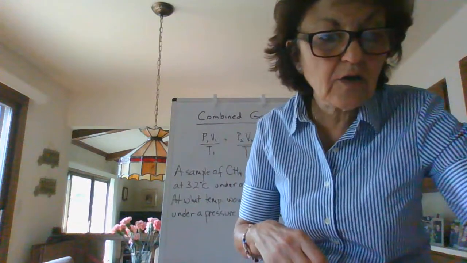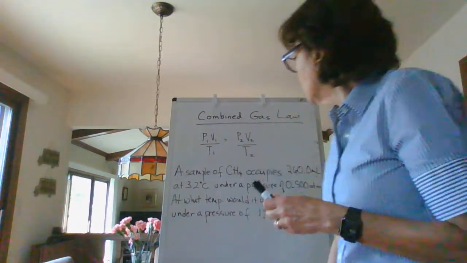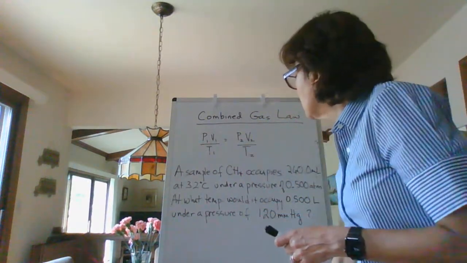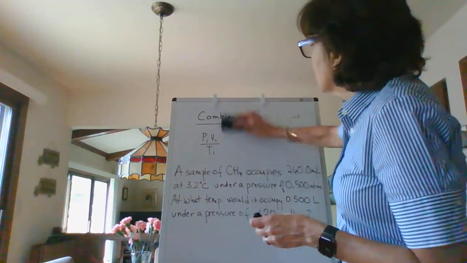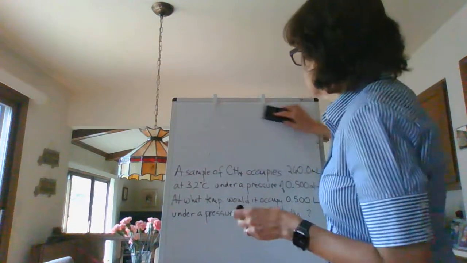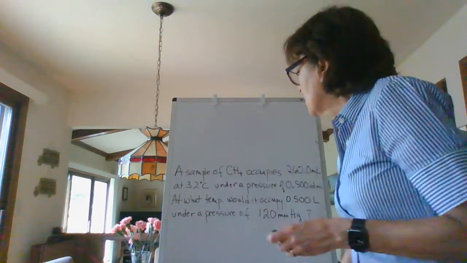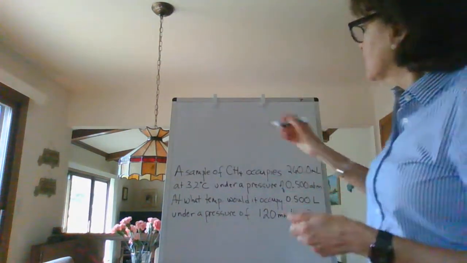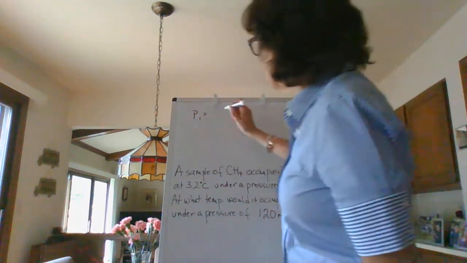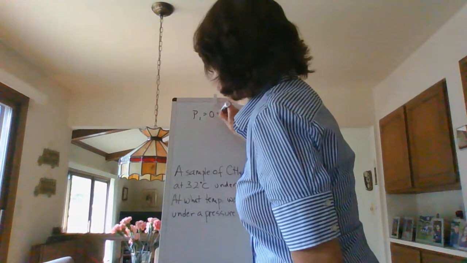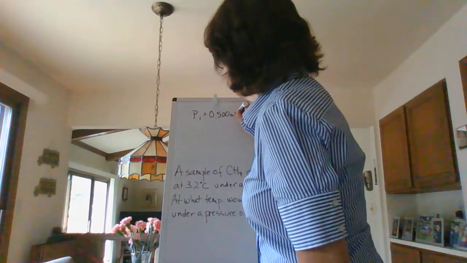Okay, so let's go ahead and do the problem together. What is the initial pressure? P1 is 0.500 atmospheres.